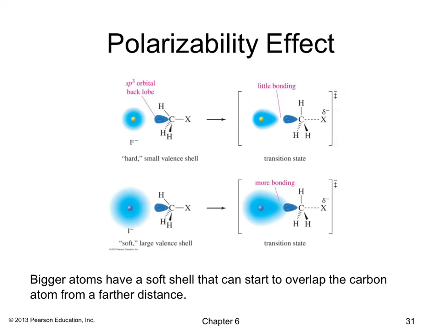Double dagger again, negative charge. However, if you have a soft, large valence shell, such as iodine in comparison to fluorine, now you're going to have more possibilities for overlap. As a result, you'll see bonding, and here is your transition state again. So bigger atoms have soft shells that can start to overlap with the carbon atom from a farther distance.